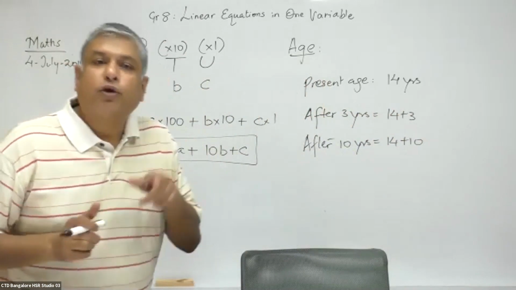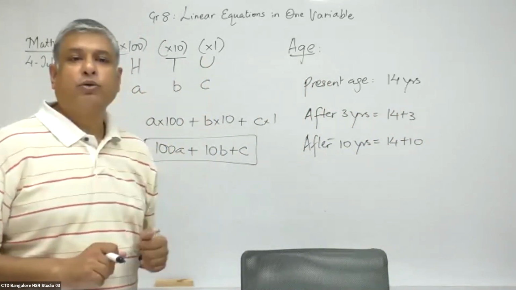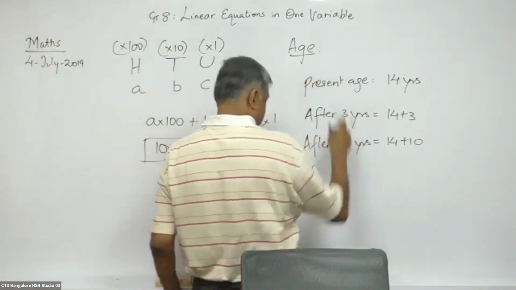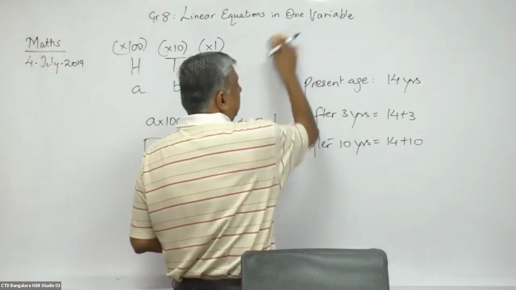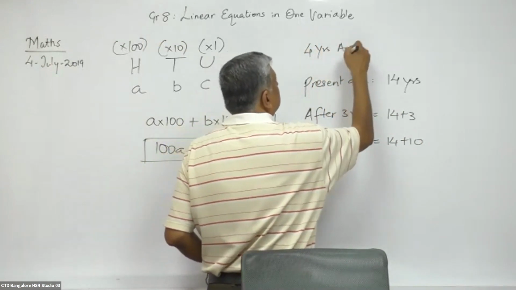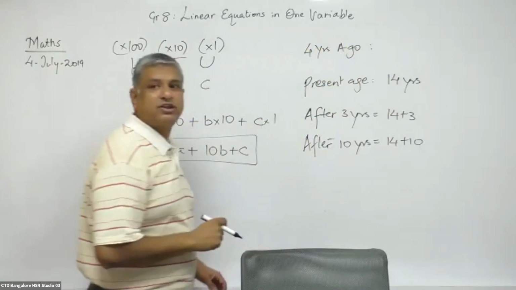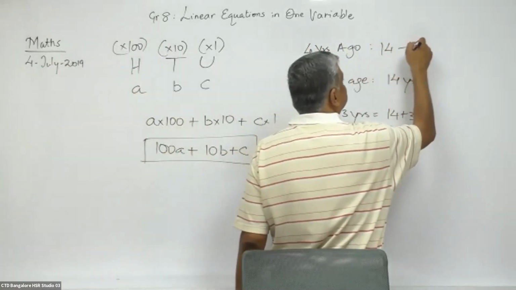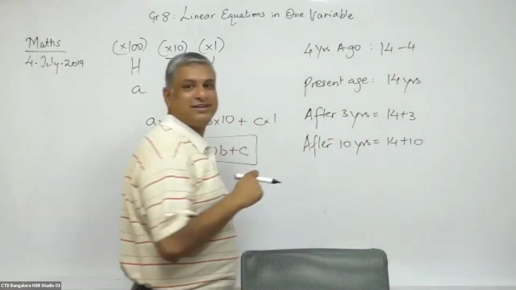Okay, if you are 14 now, 4 years back, what was your age? 4 years back. So if I were to write on a time scale, 4 years ago, what was your age? 14 minus 4, right? That was your age.